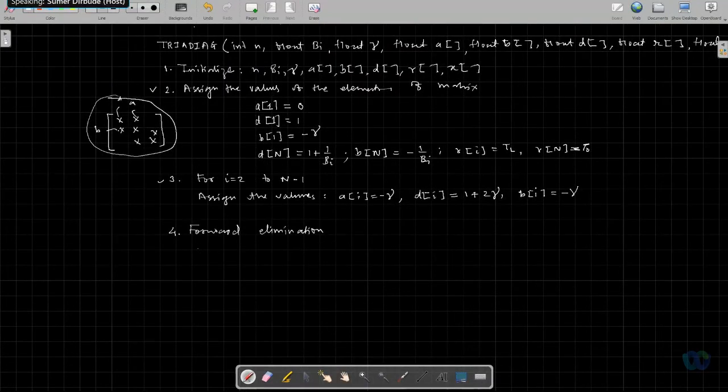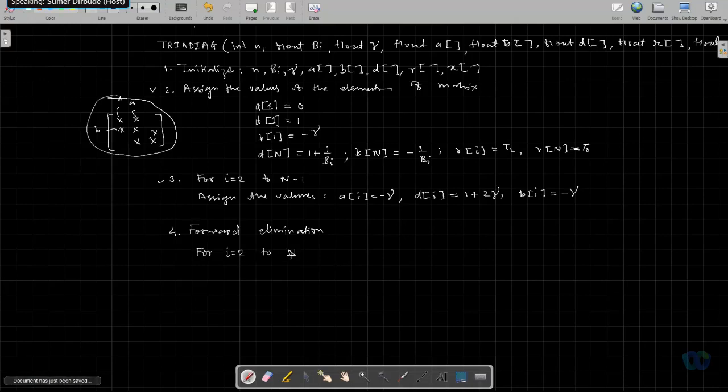Now in forward elimination, we go for i equals 2 to n. The first term is a boundary condition and it's known, so we leave that. The last term is a derivative term, so it's not known.